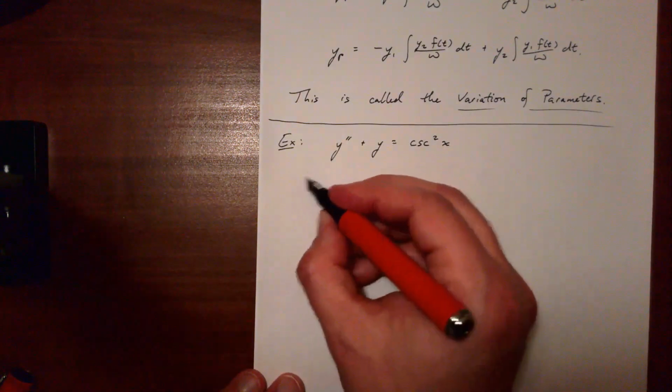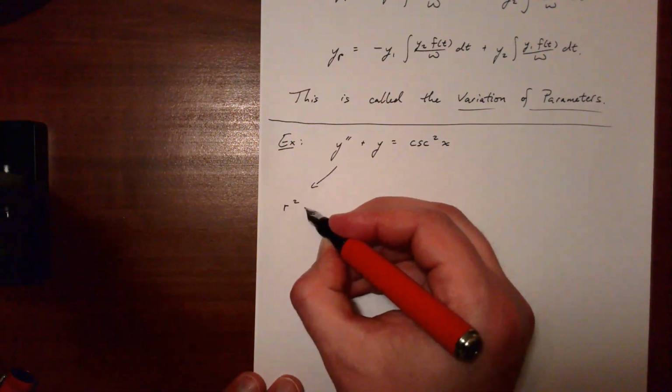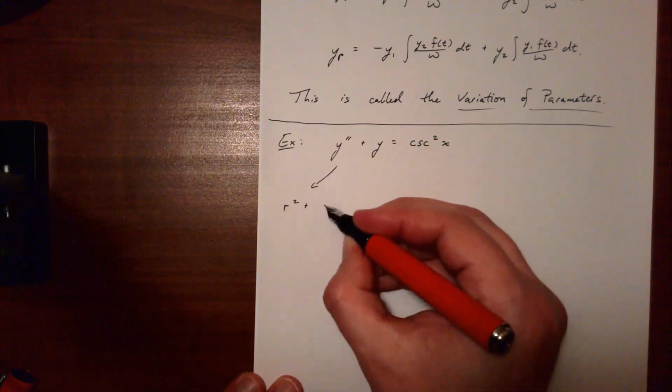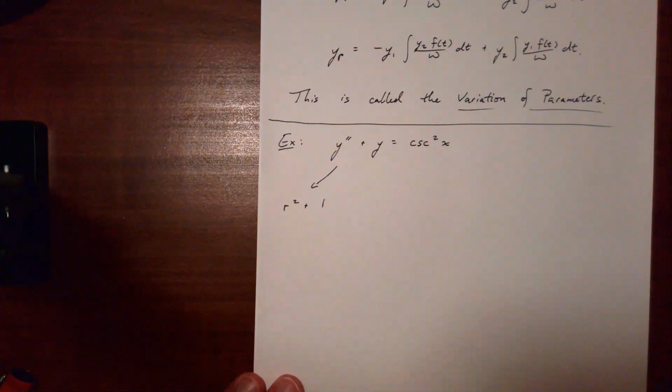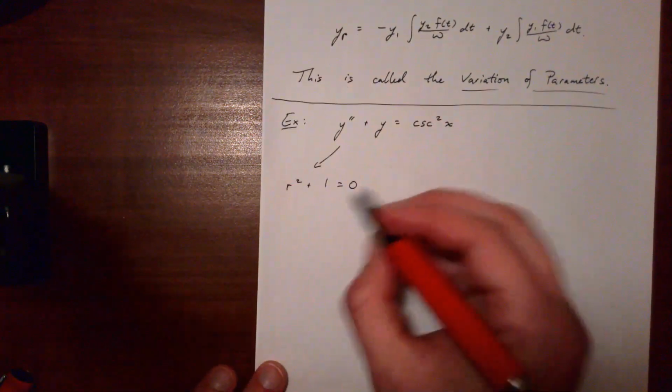Okay, so r squared to represent the second derivative, plus 1 to represent 1 times the zeroth derivative, equals 0. That's our characteristic equation.